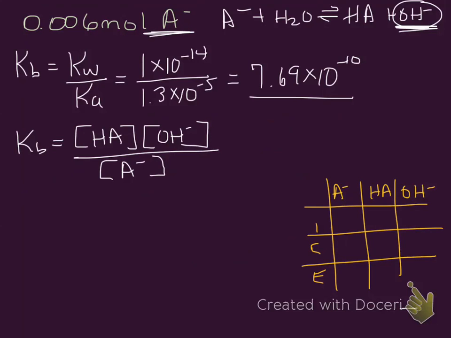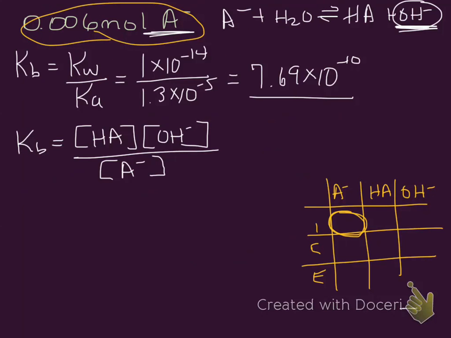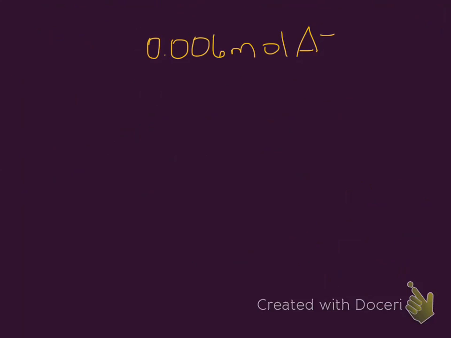Okay, so here's where our problem is. What is our initial molarity? We know that we have this many moles of it, but in these ICE charts we can't plug in moles. We need to know molarity. So we're going to need to actually change these moles into molarity.